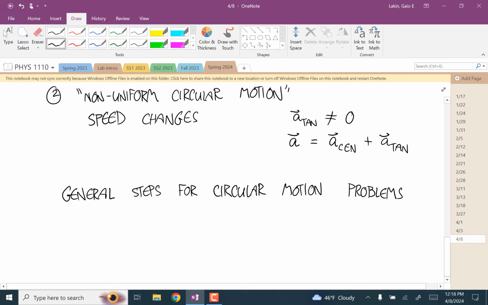Later we're going to talk about a separate way to approach what I'm calling tetherball problems. Tetherball problems are like the tetherball game, where the only contact is a string that's swinging the object in a horizontal circle. We'll approach those a little differently. But everything that's not a tetherball problem, we're going to approach this way.